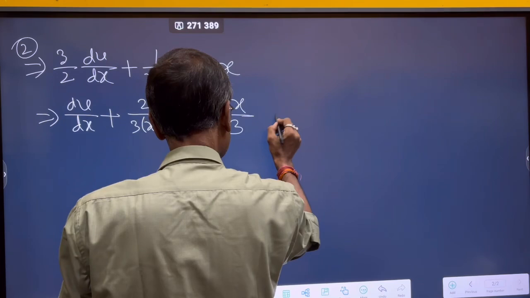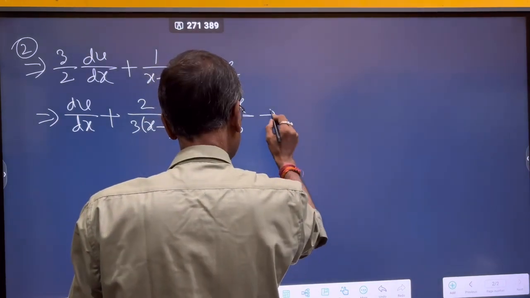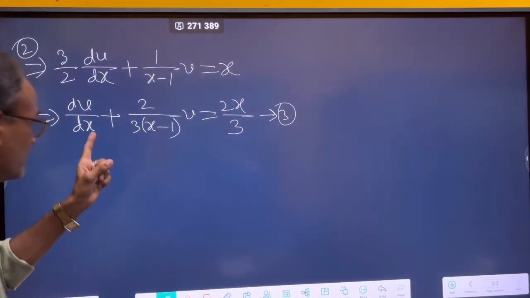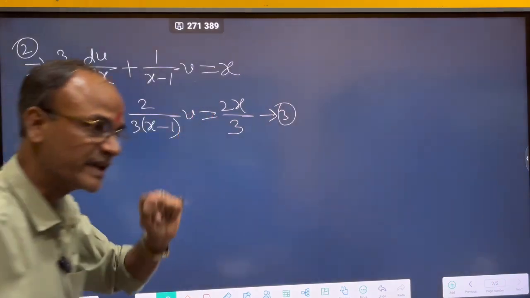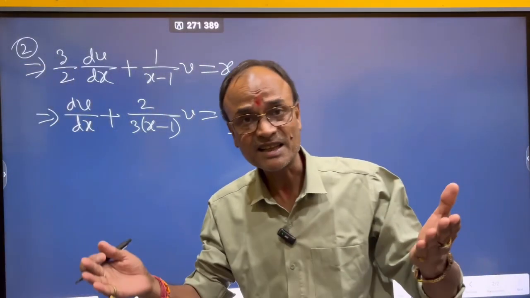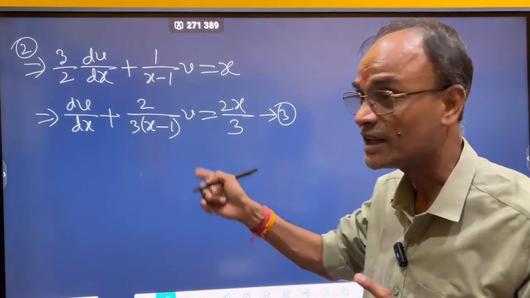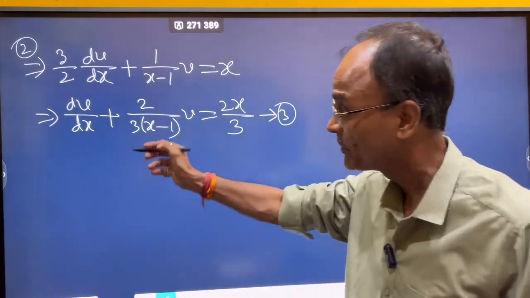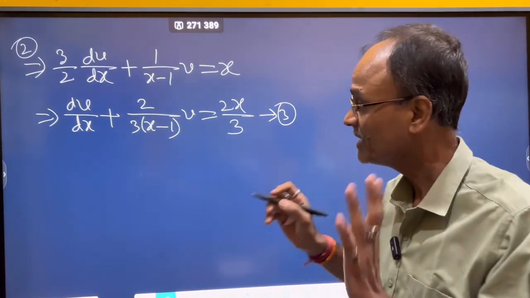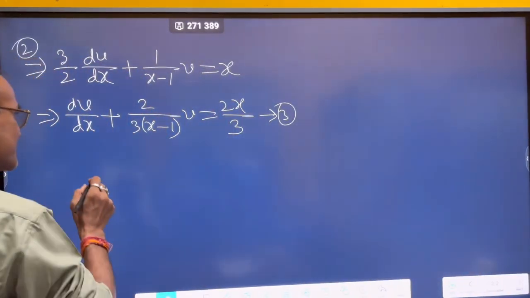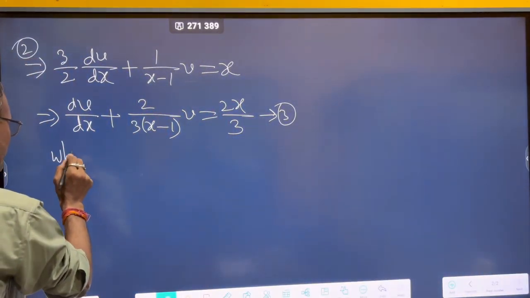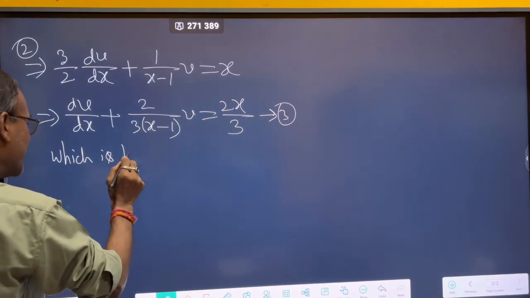Suppose this is number 3. This is linear in v, linear with v as the dependent variable and x as the independent variable.